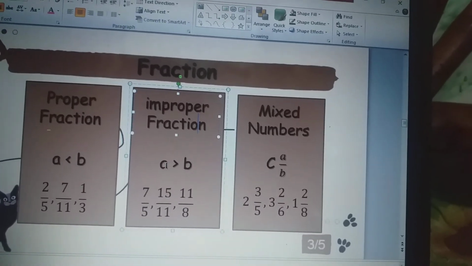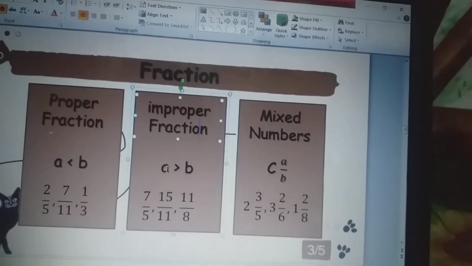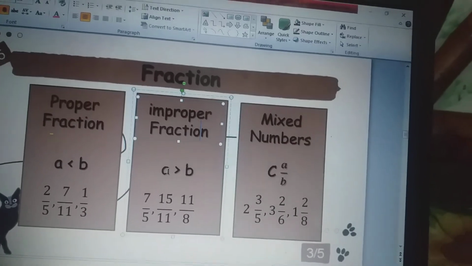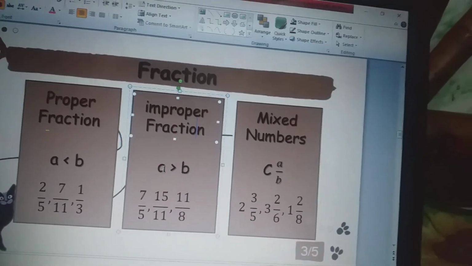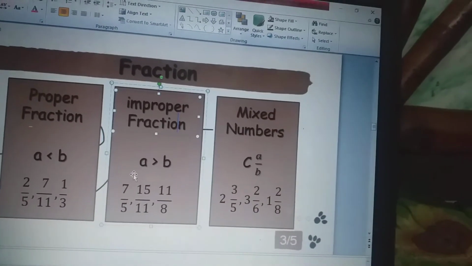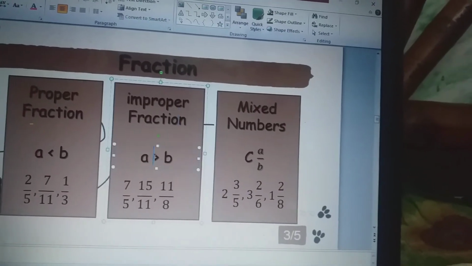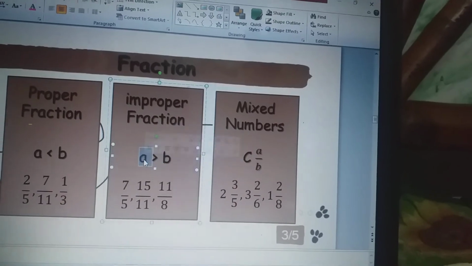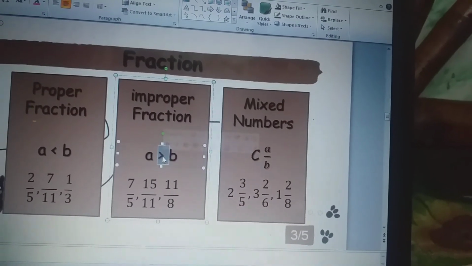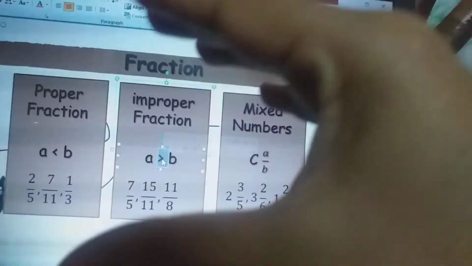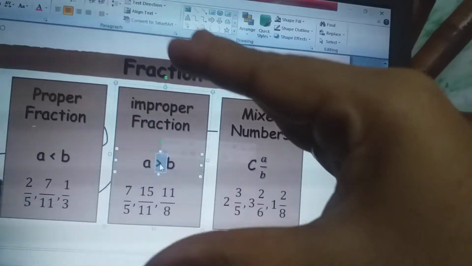Paano maging equal to 1? Let's take for example 5 over 5. So pag sinabing 5 over 5, 5 divided by 5, of course, the result is 1. So again, that is an example of improper fraction. So we will go back here. A is greater than. So this symbol, or maybe you can raise your right hand.